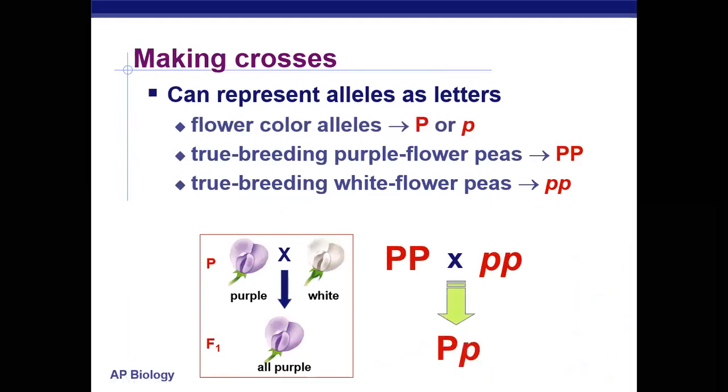So what I'm doing is expressing genotypes as letters. I'm choosing arbitrary letters to show what the alleles are for the pea plants. You typically use the first letter of the dominant trait, just making life easier for everybody. So big P is purple, little p is white. Let me throw in other words here.